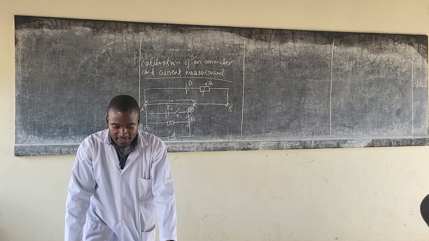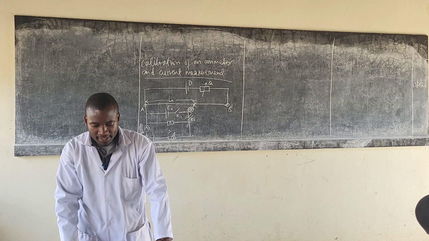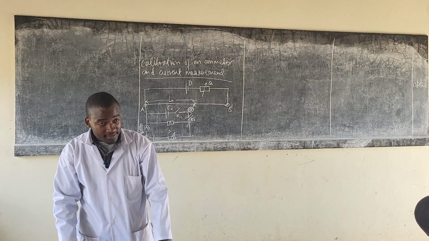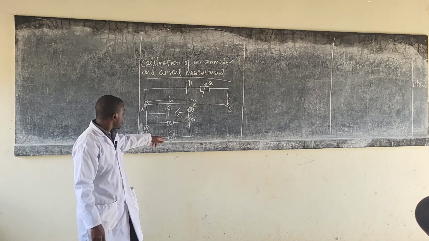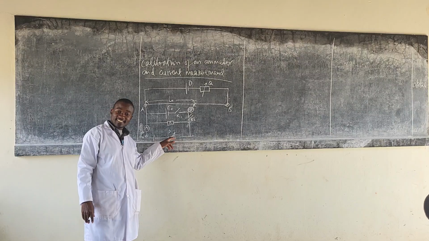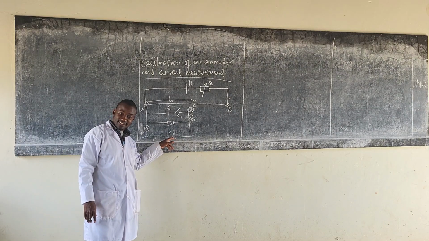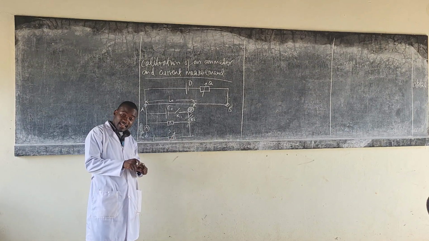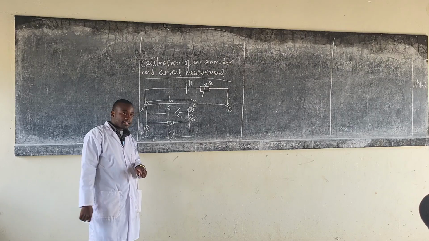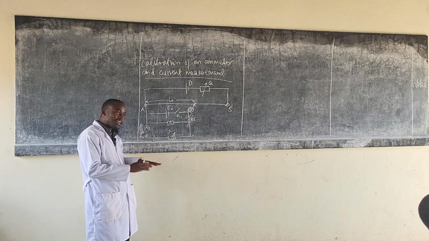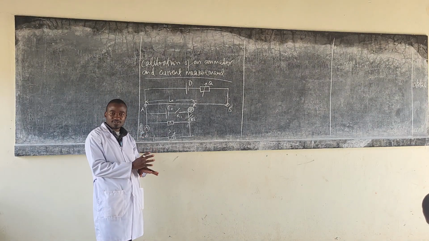Another bullet. A variable resistor P is adjusted a little bit such that the ammeter can at least make a small deflection.